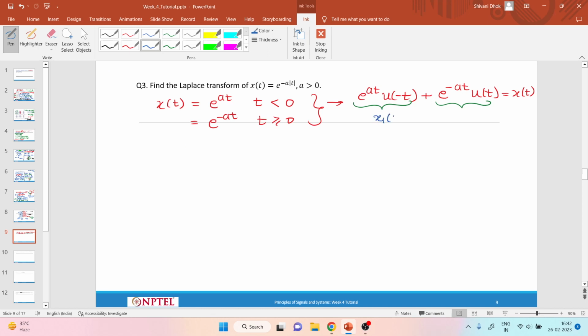Let's say this is x1 of t and this is my x2 of t. So the Laplace transform, x1 of s, is equal to the integral from minus infinity to infinity of x1 of t e power minus s t dt.